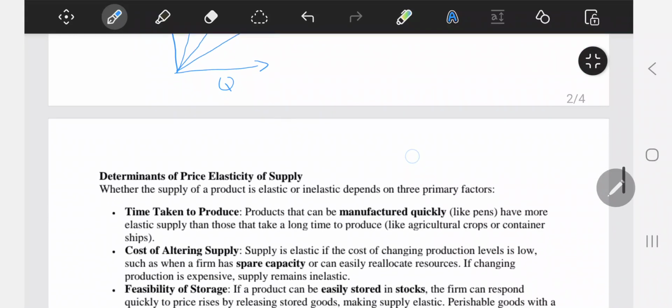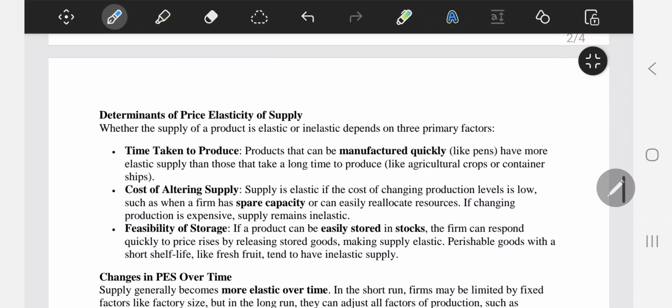Don't forget that. All right, so there are some factors that affect price elasticity of supply, and one of them is the time taken to produce. Here you must remember that products that can be manufactured quickly, so they take a very short time to manufacture, are going to be price elastic in terms of supply. And those that take a long time to manufacture, for example crops, are going to be price inelastic.